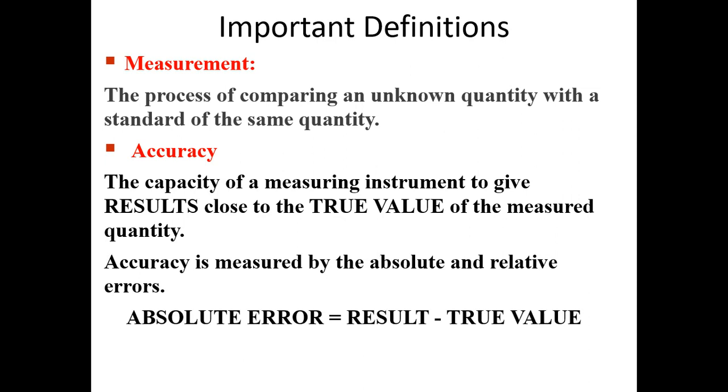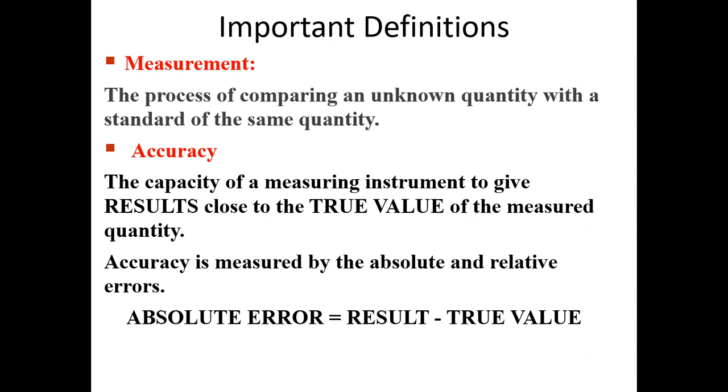The difference is normally referred to as the error, and one common type of error measurement is called the absolute error. Absolute error is nothing but the difference between the result and the true value. If they are very close to each other, the absolute error will be less.